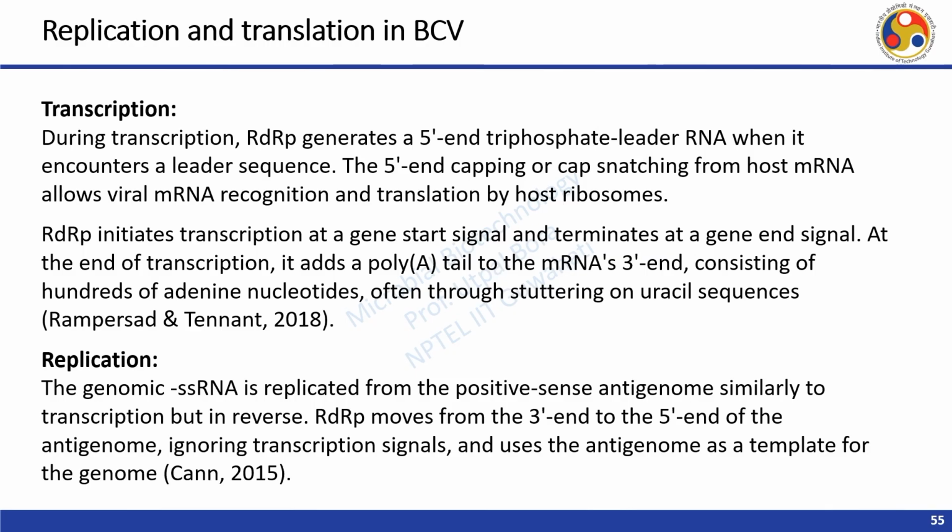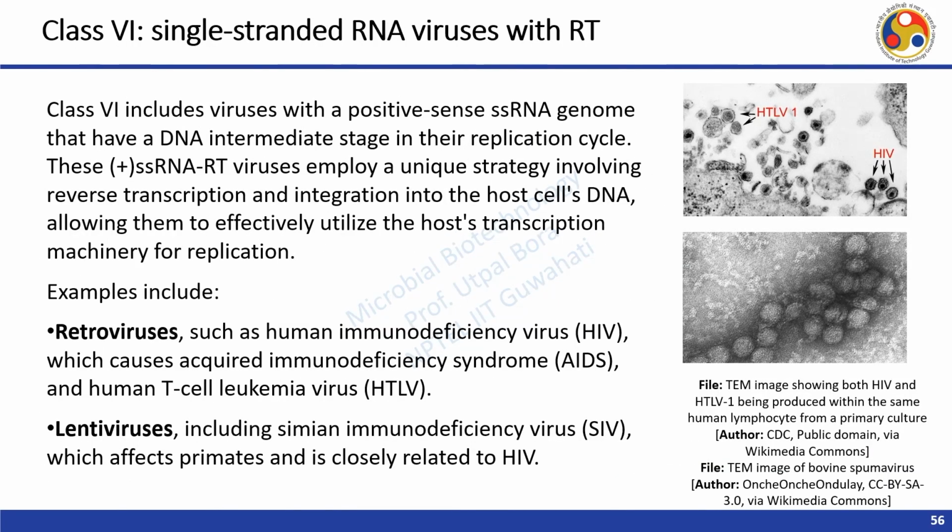The genomic negative ssRNA is replicated from the positive sense antigenome, similar to transcription but in the reverse way. RDRP moves from the 3' end to the 5' end of the antigenome, ignoring transcription signals, and uses the antigenome as a template for the genome.